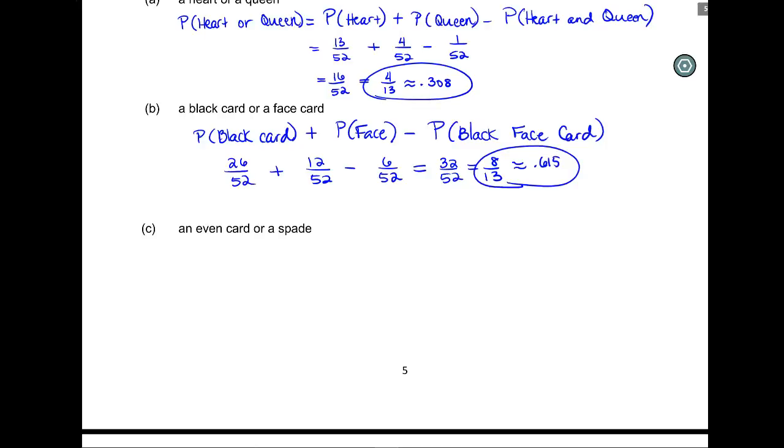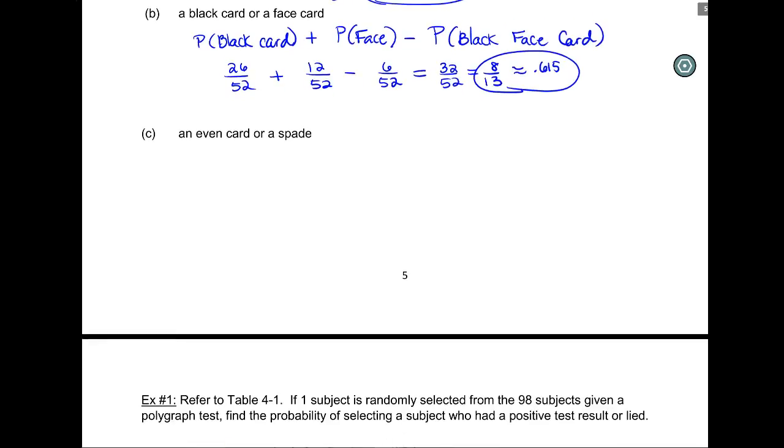Okay, you want to try the next one? An even card or a spade? Even, you've got 2, 4, 6, 8, 10.